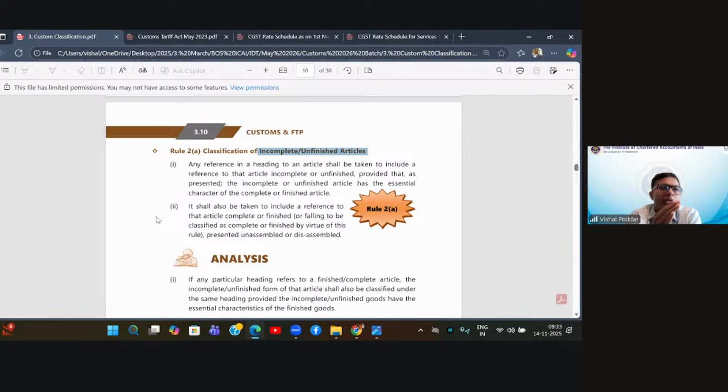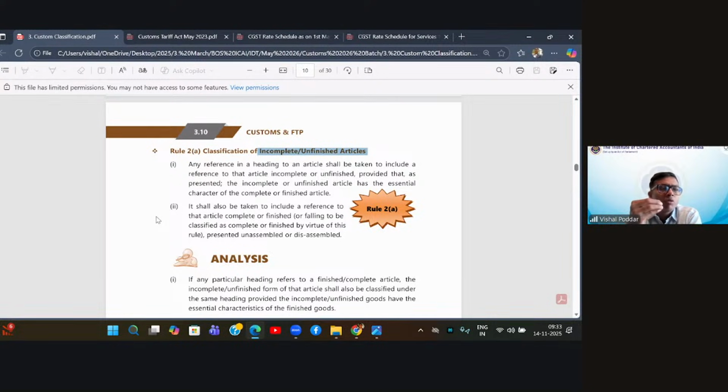Either he may keep it incomplete or he may send it in unfinished manner. Why? Because for ease of transportation, if I fit the goods and make it ready, it may be difficult to transport. It may consume more space and hence more cost will be incurred, or it may be difficult to load and unload. Like heavy machineries.